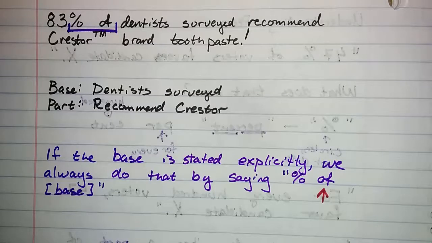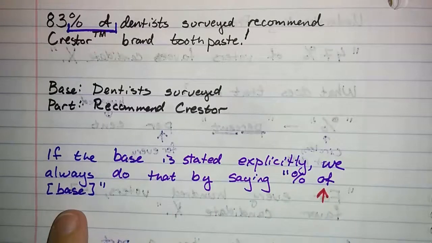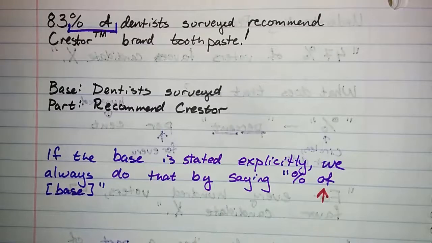That's just a thing about English grammar and how English grammar functions around percents. When in doubt, look for this percent of to help you find the base. But if you look at the big picture of the problem, it's often easier to figure out what the base ought to be just from the overall context.